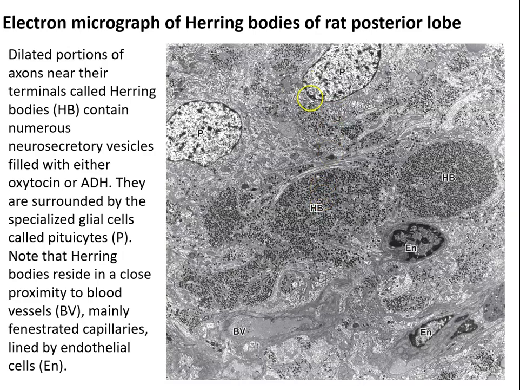And you can also see the glial cells that surround them, the pituicytes. Note that there is vasculature, the capillary network that surrounds and ensheathes these Herring bodies. And these are fenestrated capillaries that are lined by endothelial cells.